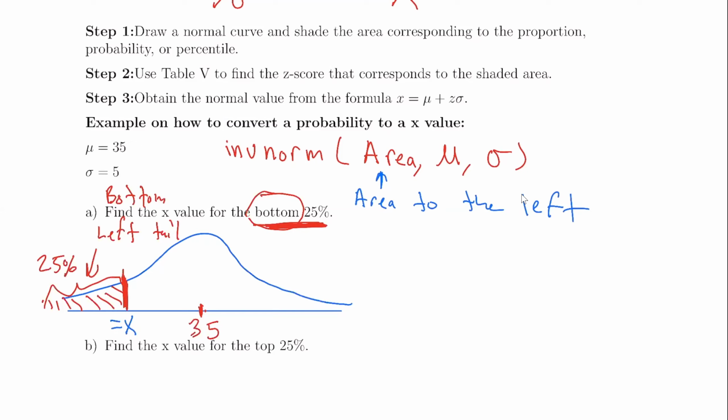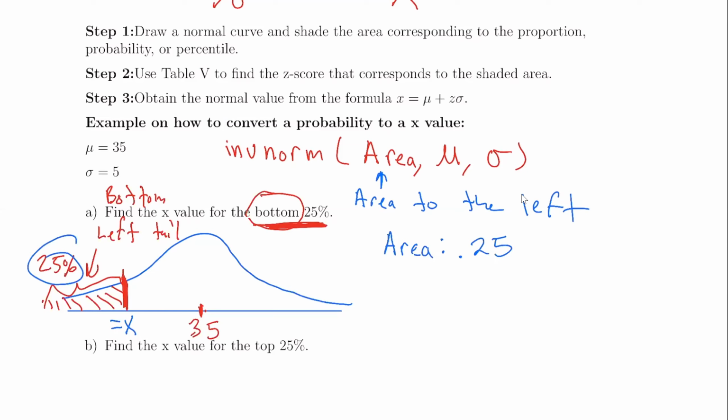All right, so let's get to it. First thing we're going to do is figure out what the area is. The area is the area to the left. From where we have the X value, we want the probability to the left to be 0.25, because that's the area to the left-hand side, 0.25.